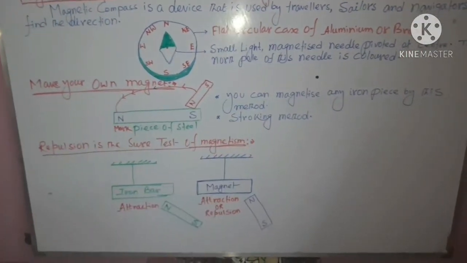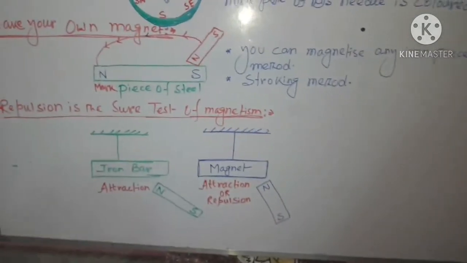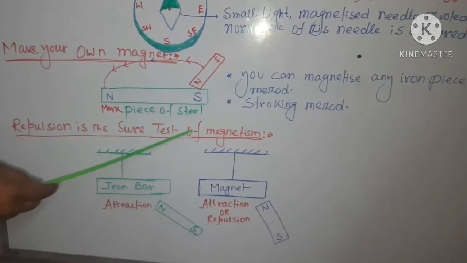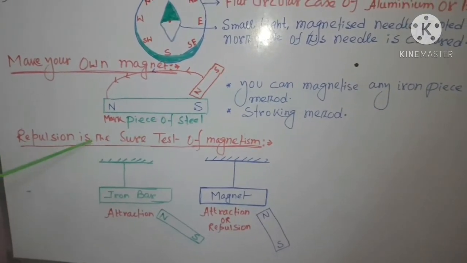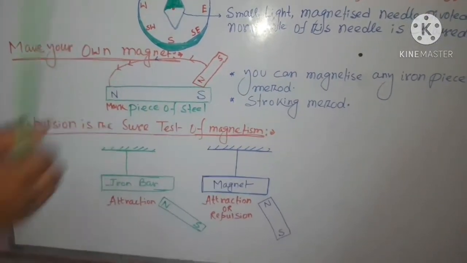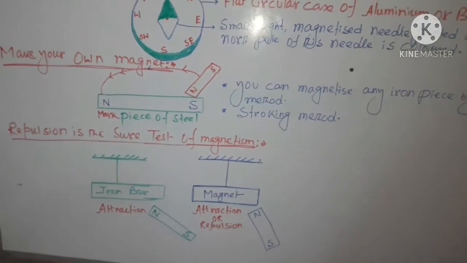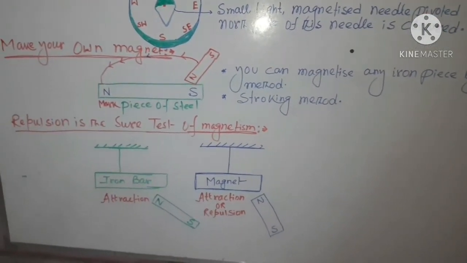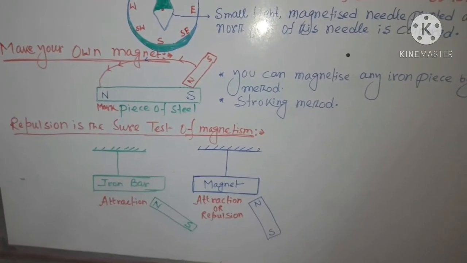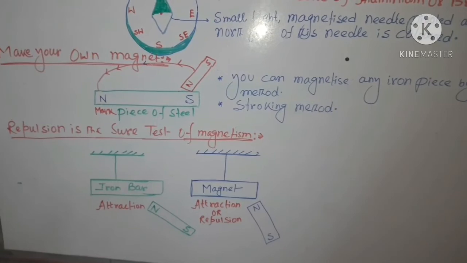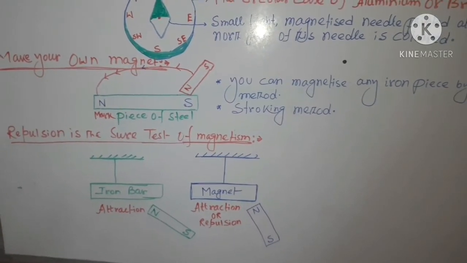And lastly, students, we want to prove that repulsion is the surest test of magnetism. Now I will provide you two bars. One bar is a magnet, another bar is a magnetic material bar.